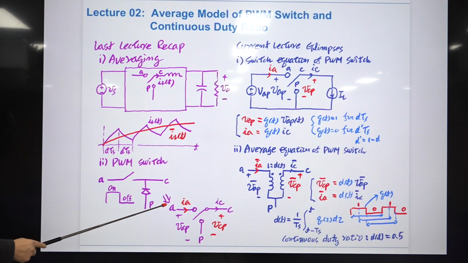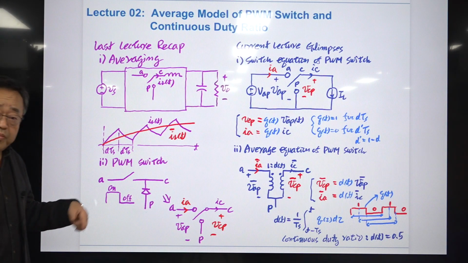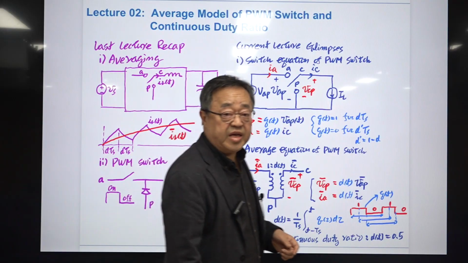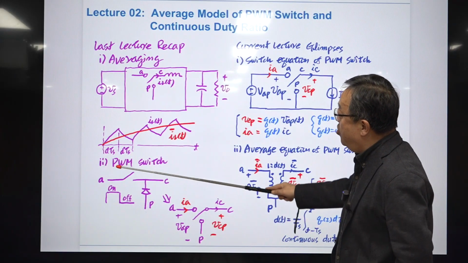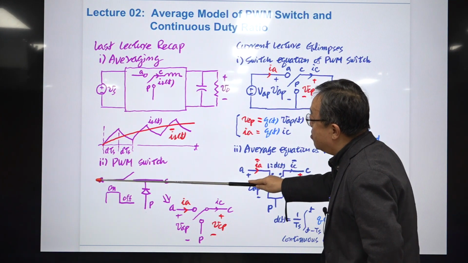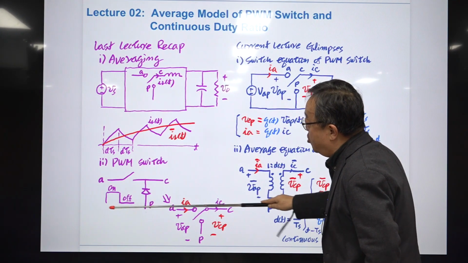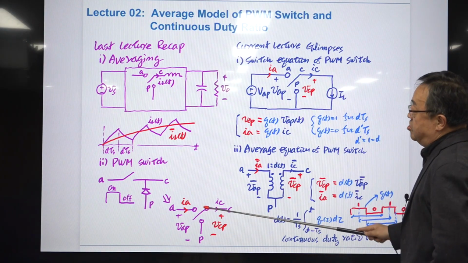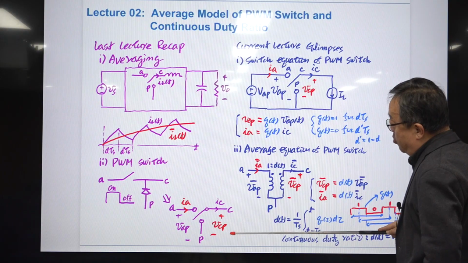Then the diode is turned on automatically to form the freewheeling path. Okay. This is the operation of the PWM switch. We name this the 3-terminal switch operating on the principle of PWM. And this is the symbolic notation of the PWM switch.